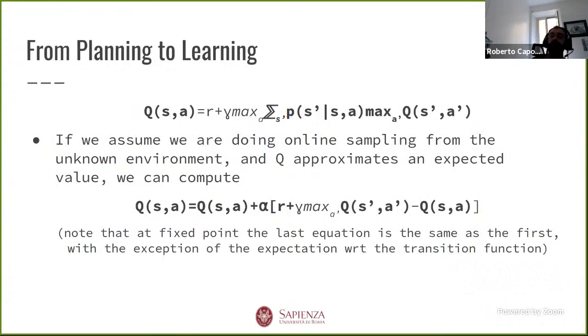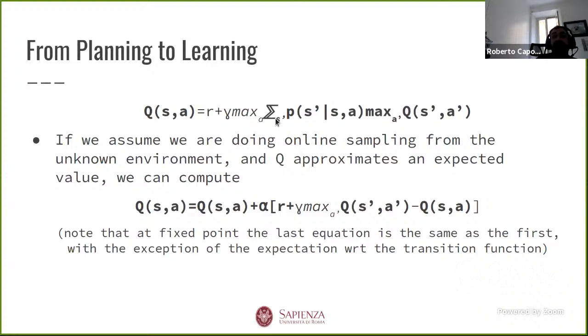Now, the title of this slide is very clear, from planning to learning, because if we assume that we don't know this transition function, then we can do very simple things with this equation and basically convert this thing to an expectation, because we know that Q is an expectation over the sum of the discounted rewards that you would get from this state and taking this action, then following the policy.